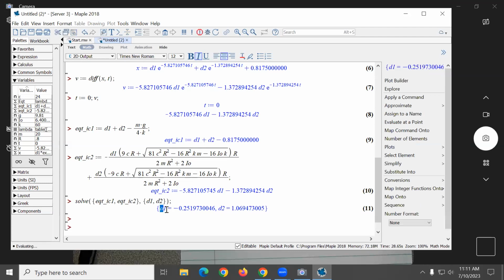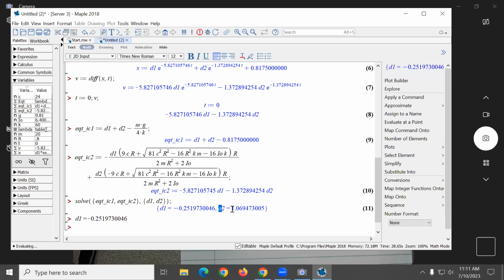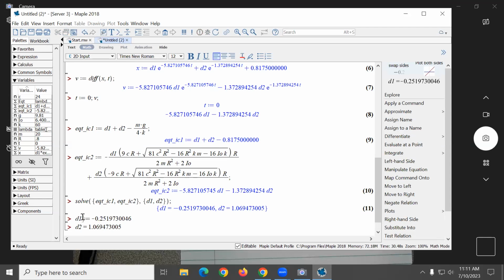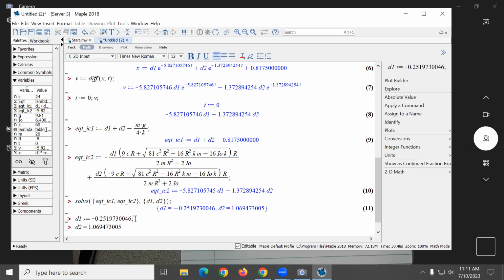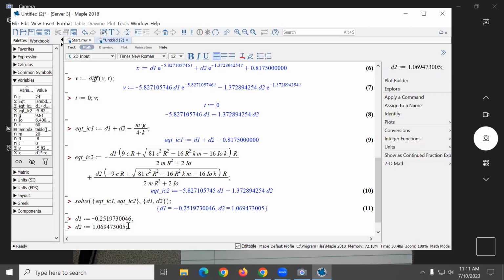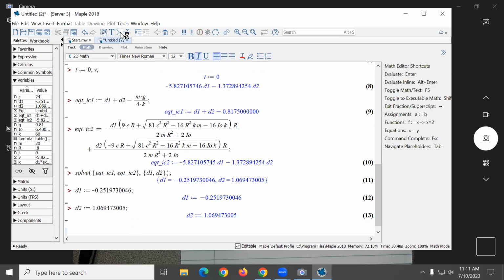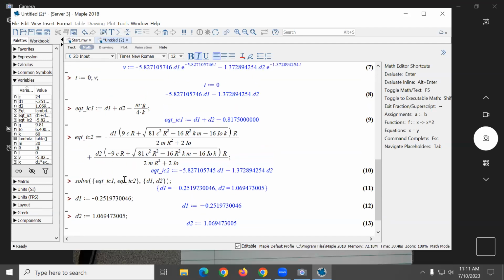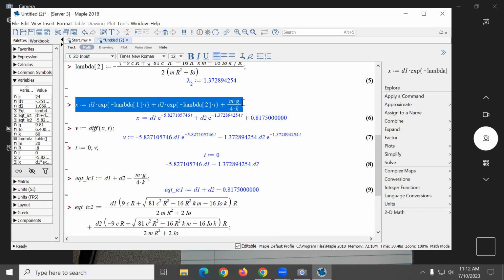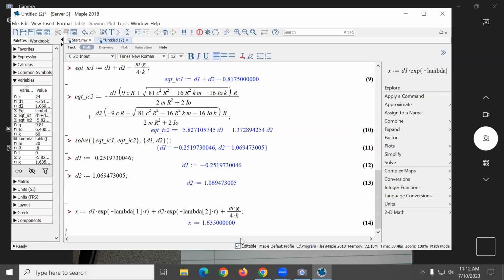And D1, D2. Okay, and finally, what is the solution then? I mean, I can rewrite it, but probably have it over here. This is X. The equation of motion becomes what?